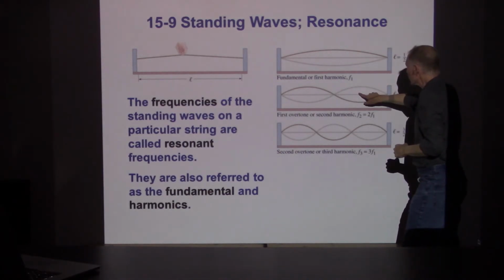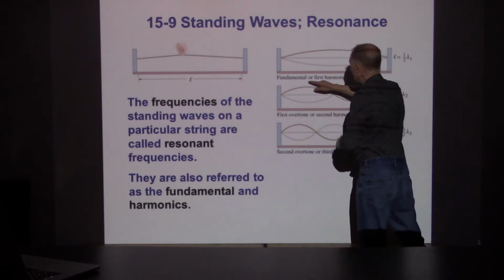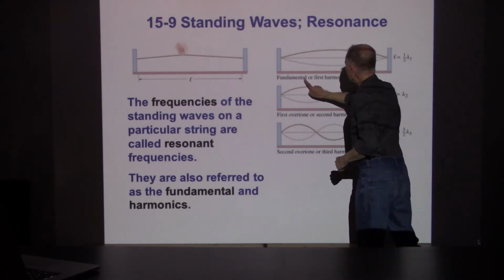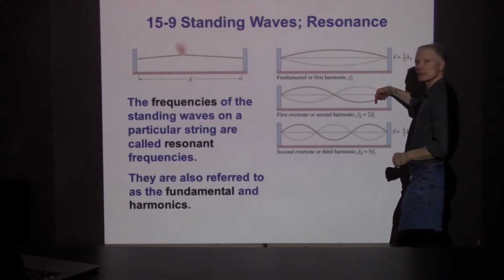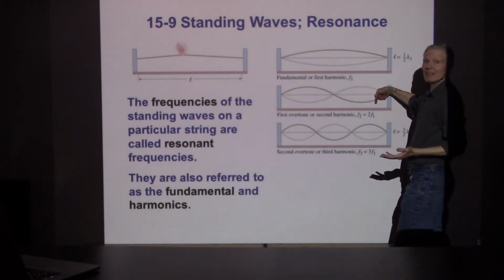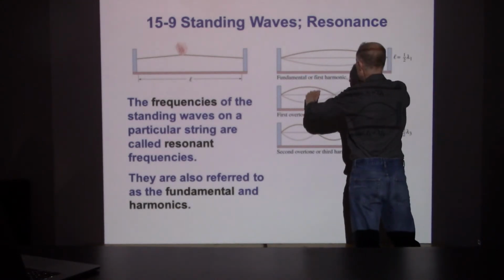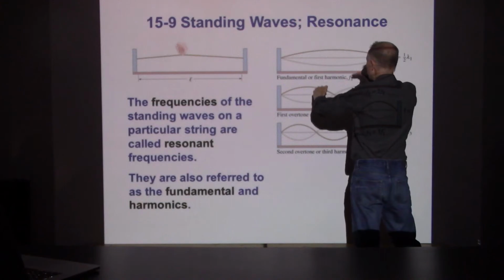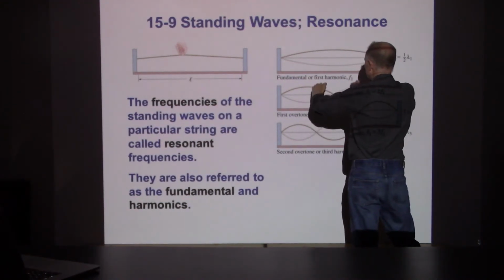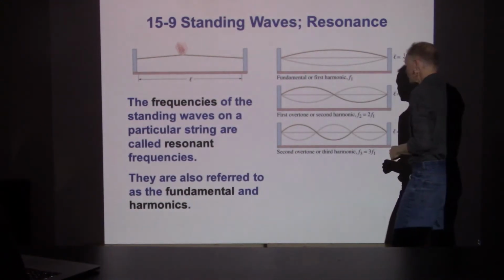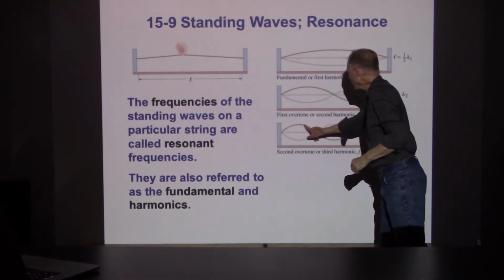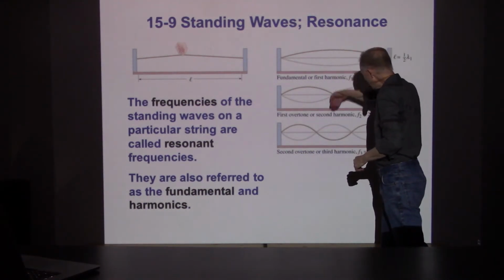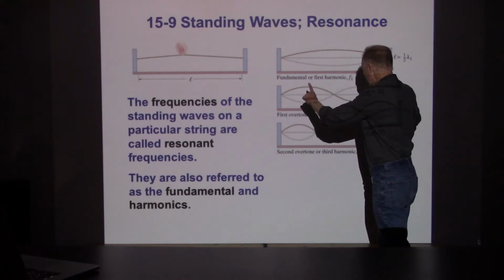In the second harmonic, the left side is displaced here, while the right side is displaced here. And then vice versa. So we've got oscillations where the two sides are going in different directions at all times. Here with the third harmonic, the one in the middle is going down while the two on the side are going up.